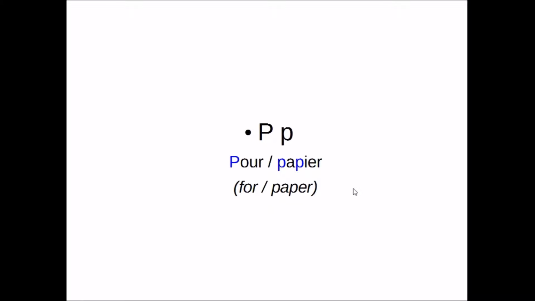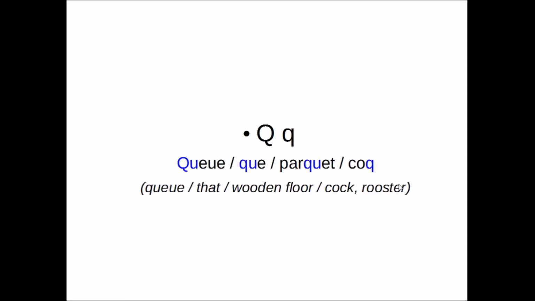The next one is a P, so you pronounce this letter P in French, so it's like in English actually, pour, papier. Alright, so the next letter is Q. You pronounce it Q in French, like in que, so they sound the same, but it's not the same writing.